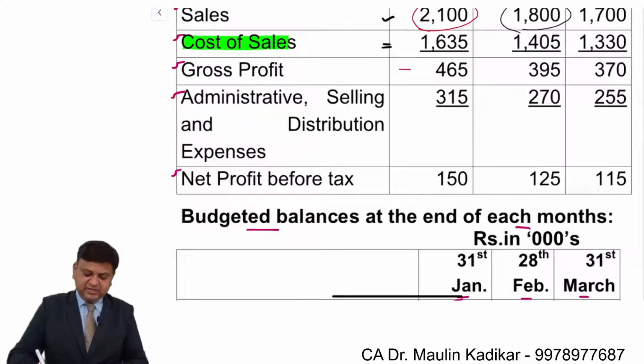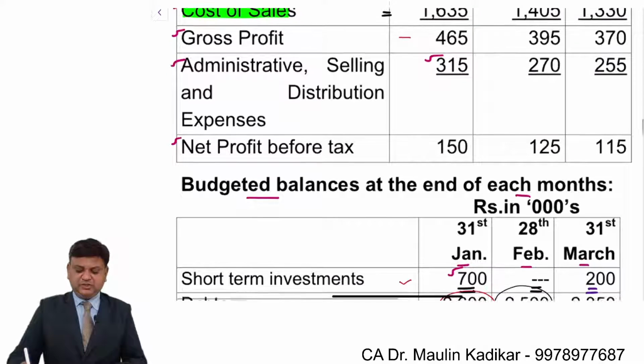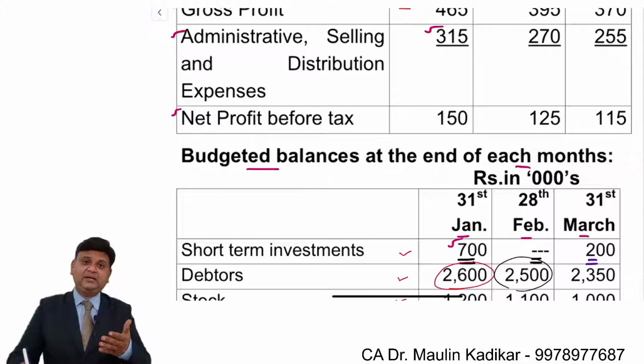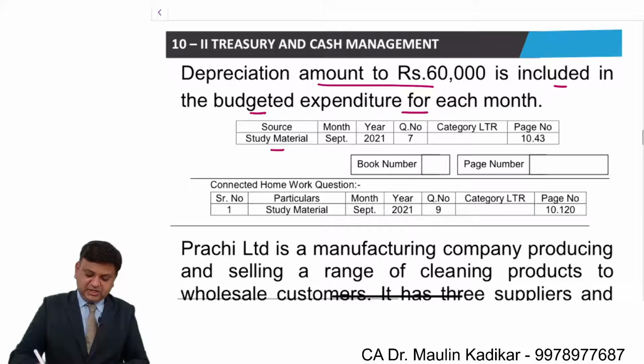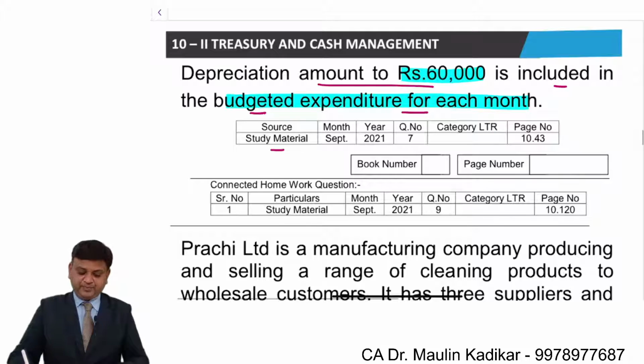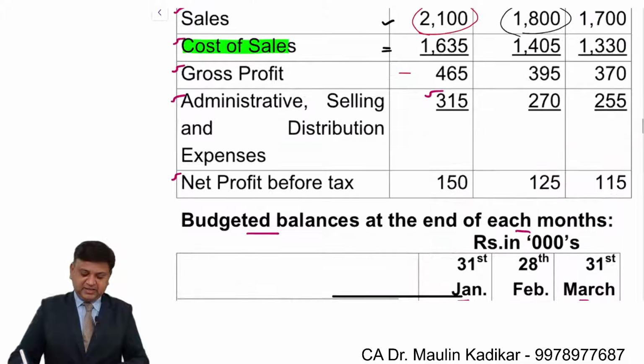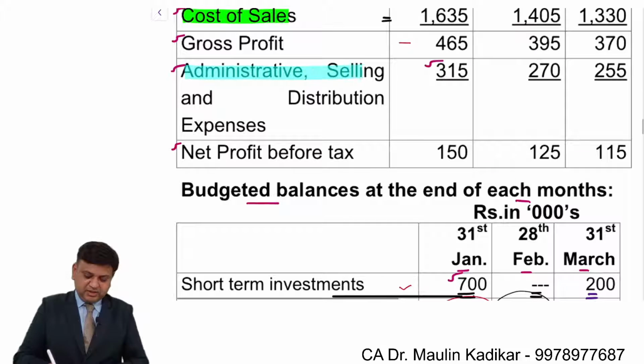Administrative, selling and distribution expenses are given to us. In absence of any information, we assume that it would be paid in the same month. You can see that the question says that depreciation amounting to rupees 60,000 is included in budgeted expenditure of each month. What does it mean? It means that in this expenses, depreciation of 60,000 is included.